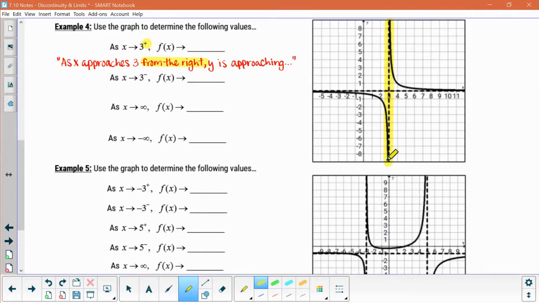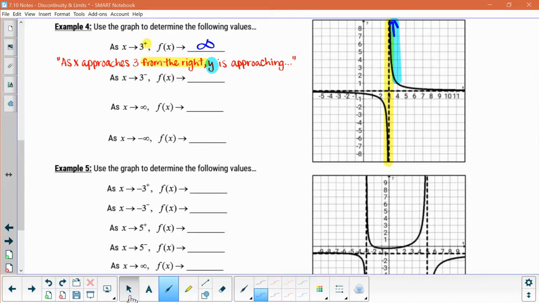Now I am focused on what are the y values doing as I approach from the right. So as I approach from the right side of the line, my y values appear to be continuing and increasing up. And they're going to keep increasing up until they get to positive infinity.